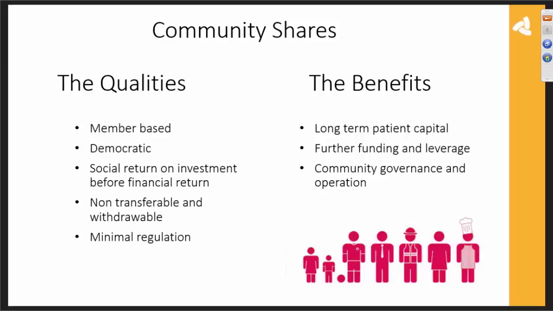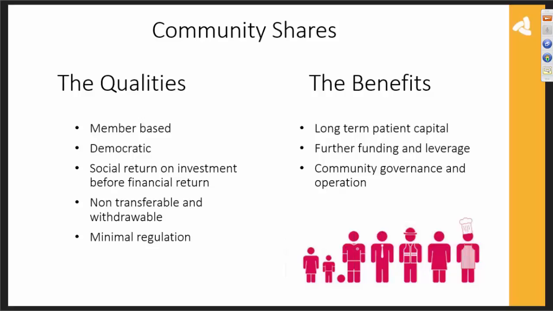On top of that, we talk about this as being incredibly democratic. What we mean by that is that regardless of how much people invest, so say someone puts in £10 or someone puts in £10,000, everybody gets one equal say in how the enterprise is run. Everyone is allowed to come along to the AGM, have one vote, and everybody has the right to stand to be a member of the management committee if that's what they want to do, regardless of how much they've invested.